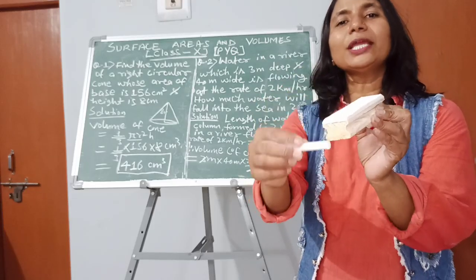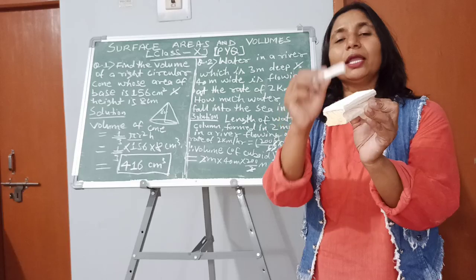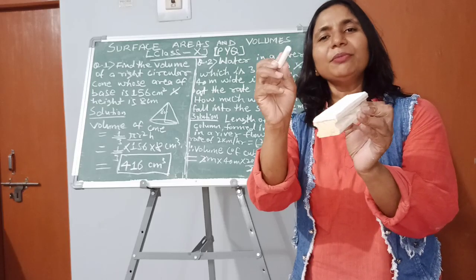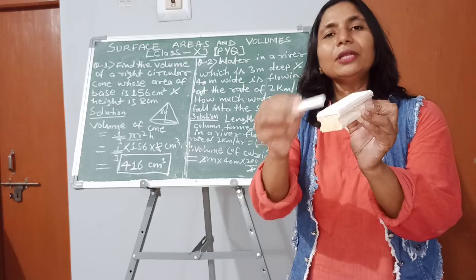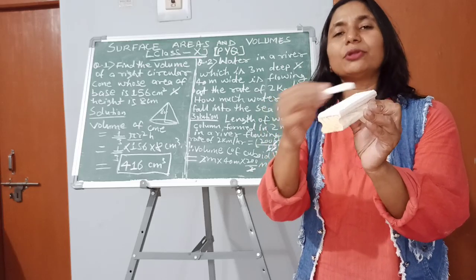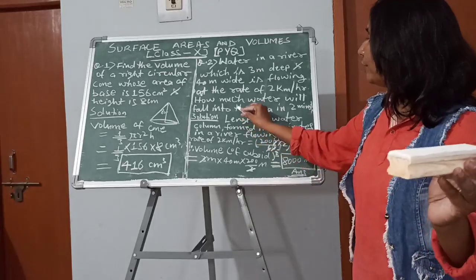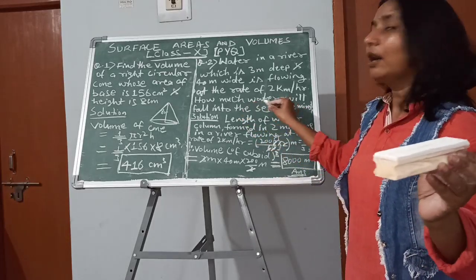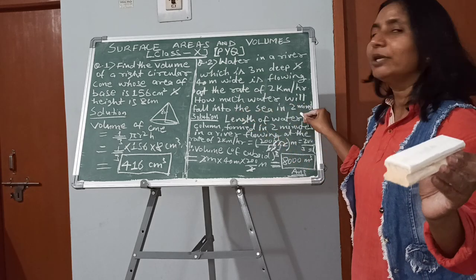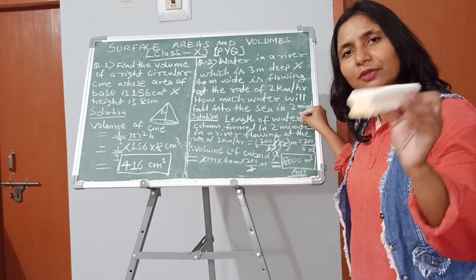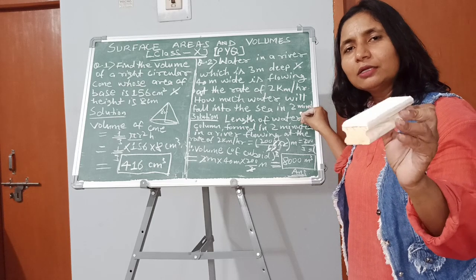And the rate of flowing is 2 km per hour. In 1 hour or 60 minutes, water is covering 2 km distance. So what you have to do? How much water will fall into the sea in 2 minutes.